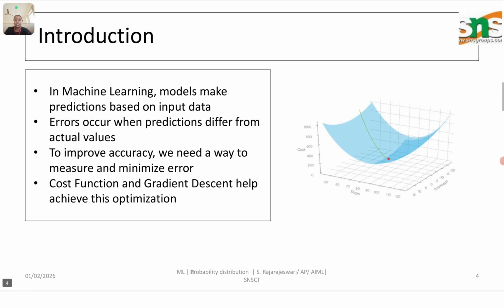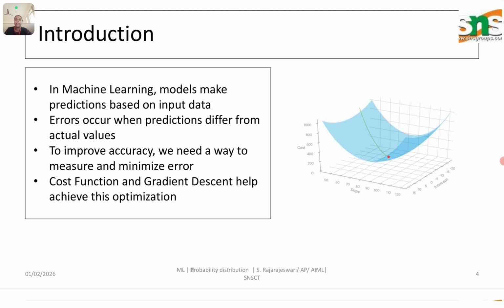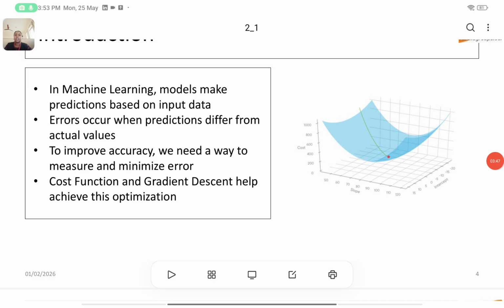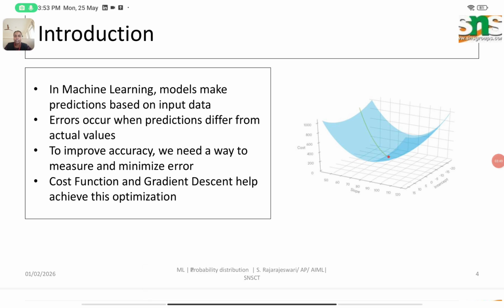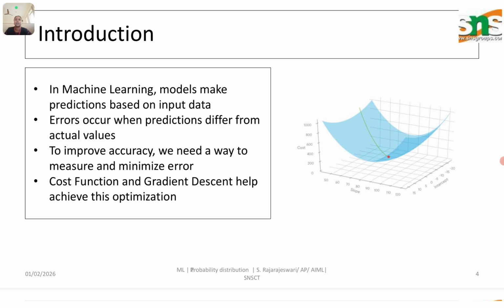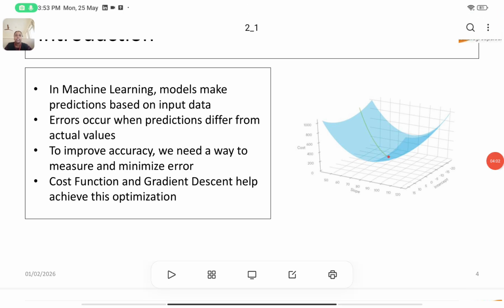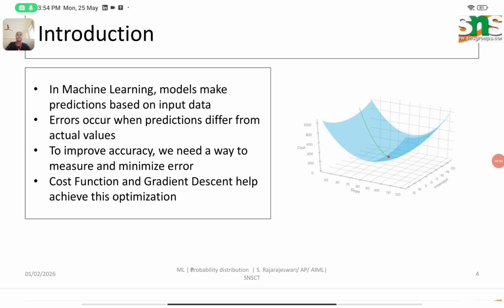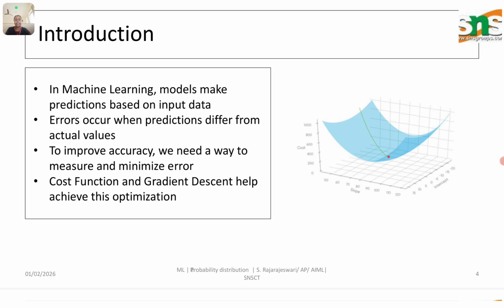The next thing is the introduction. In machine learning, a model makes predictions based on input data. An error occurs when predictions differ from actual values. While training the model, the error will occur when predictions differ from the actual values.